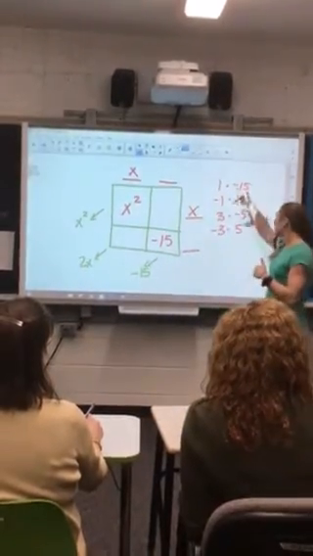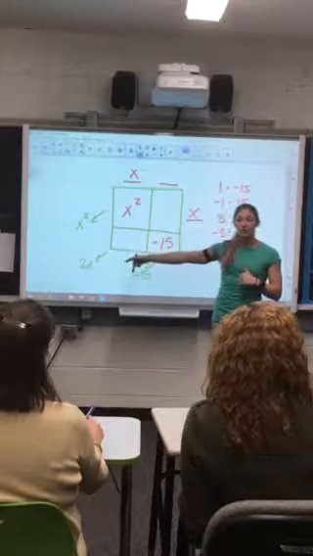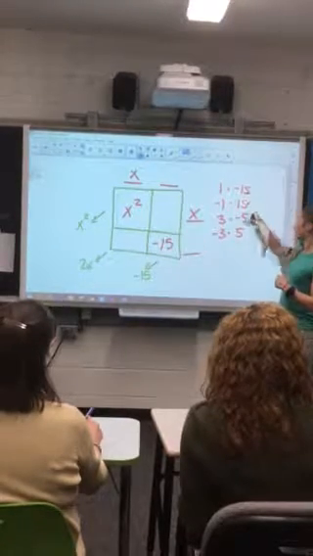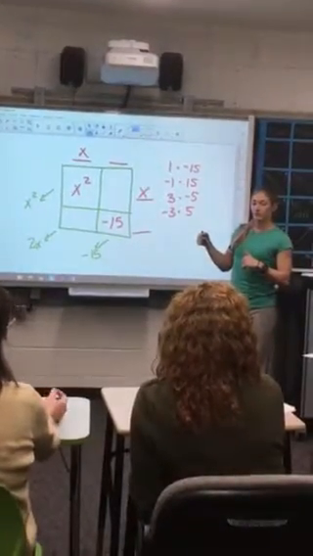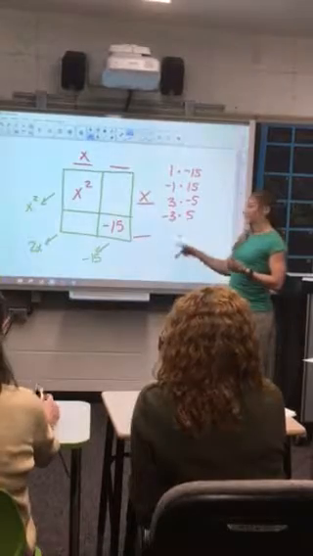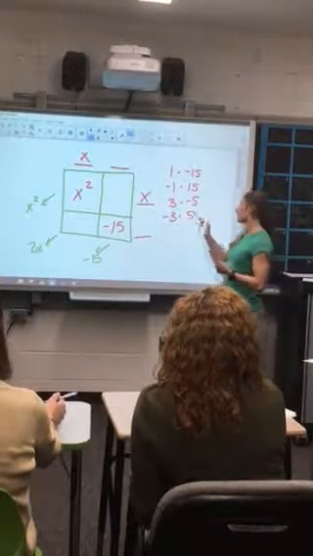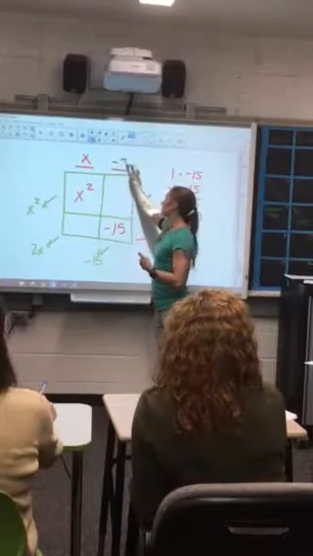Looking at those factors, now I can eliminate, because I know those two factors have to add to 2. So which one of these 4 is going to add to 2? Or which ones do I definitely know it's not? The last one, right? Negative 3 plus 5 is going to give me a positive 2. So those are my last two numbers that I need.